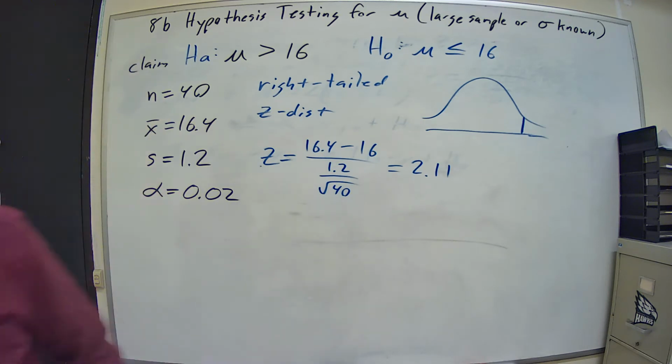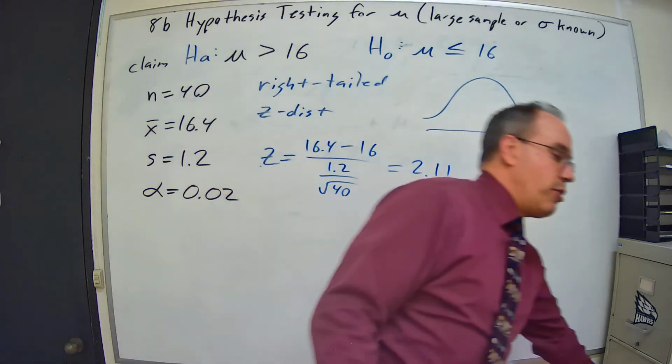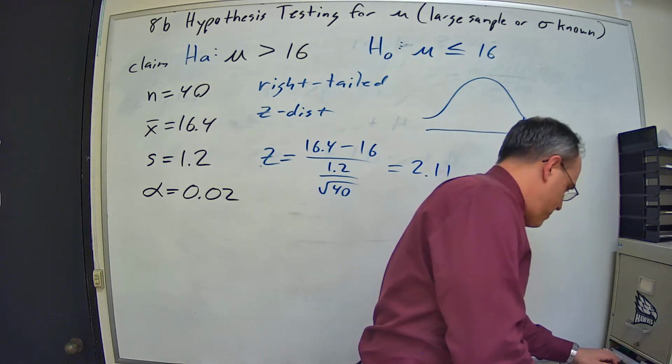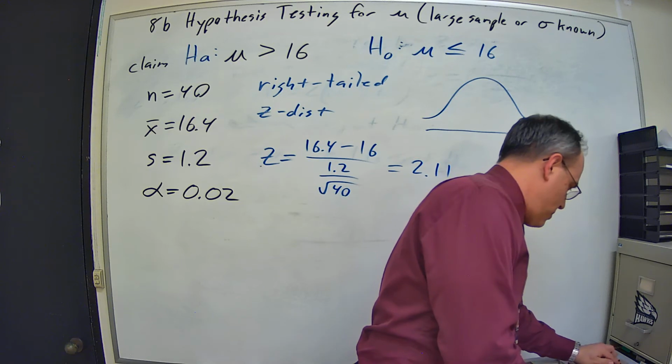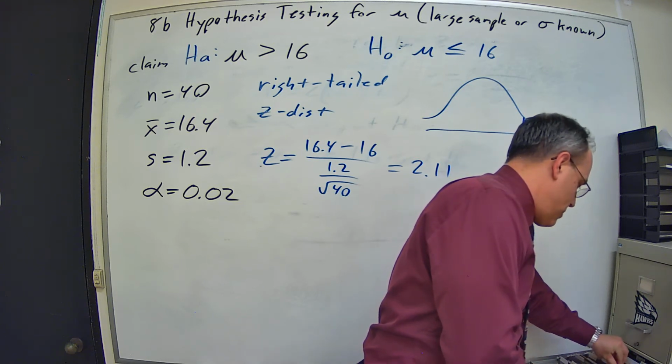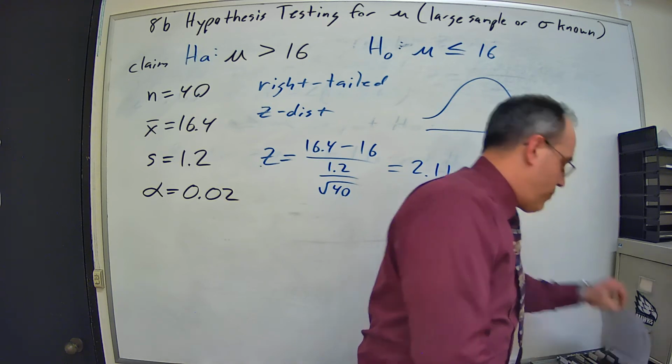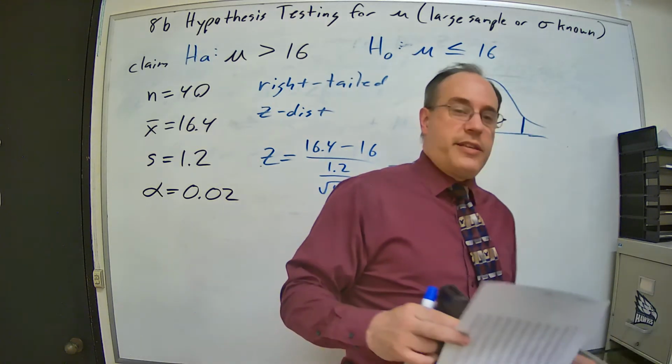Now let me see if I have a table there. I do not, so I'm going to quickly grab a table out of the magic drawer. There we go.